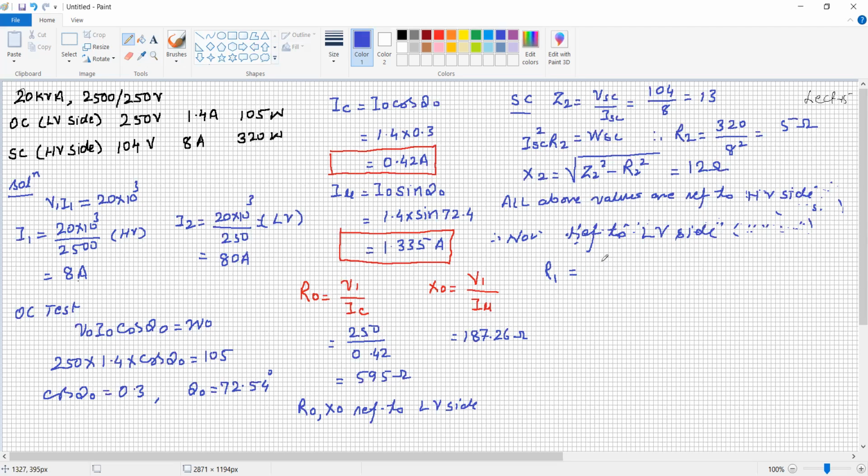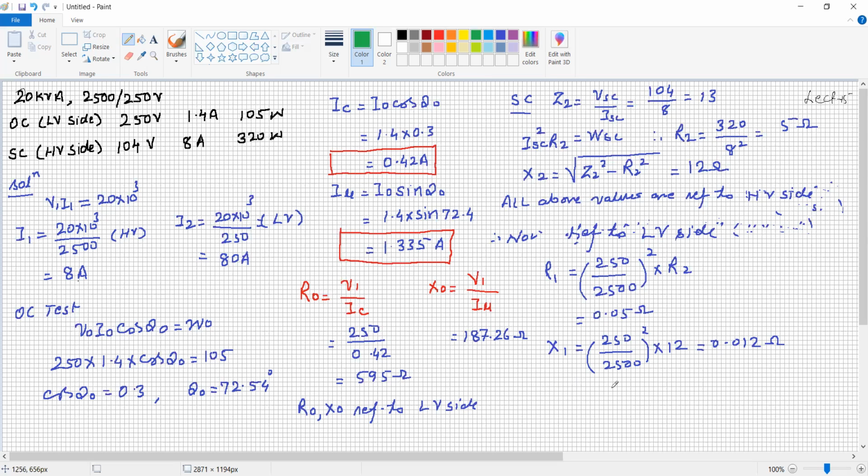So it is (250 divided by 2500) squared into R2, which is equal to 0.05 ohms. Similarly, X1 is equal to (250 divided by 2500) squared into 12, which equals 0.012 ohms. So now our equivalent parameters are ready.